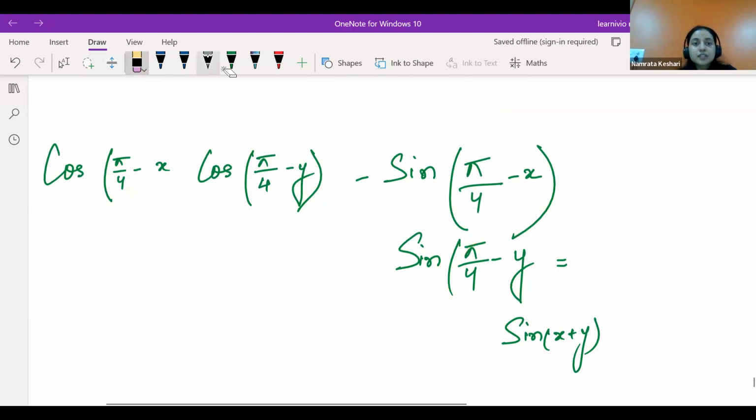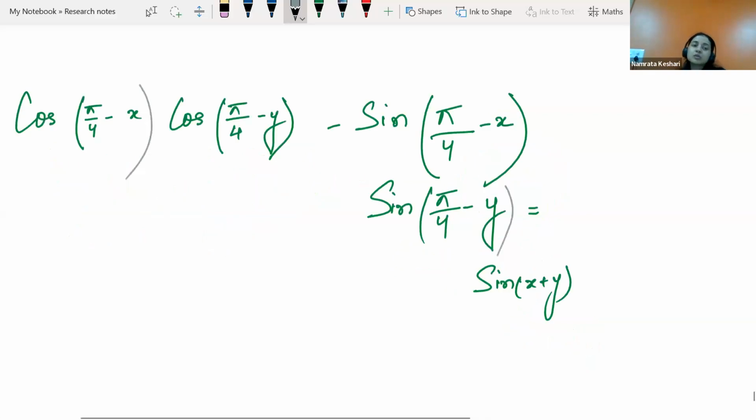कुछ ऐसा दिखता है हमारा क्वेश्चन. ये फॉर्मूला जैसा स्ट्रक्चर मैच कर पा रहे हैं हम लोग, हाँ या ना? Yes, ma'am. Yes, we are able. On the other side just sin x plus y is there.